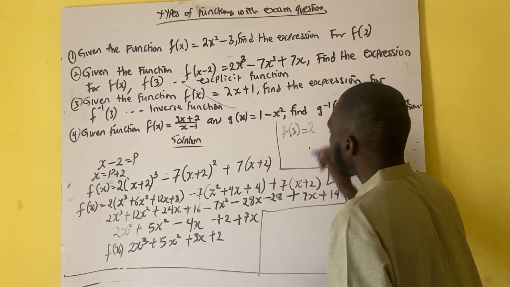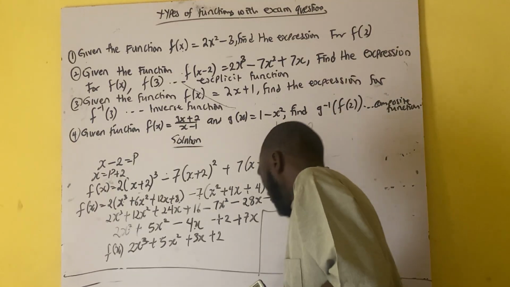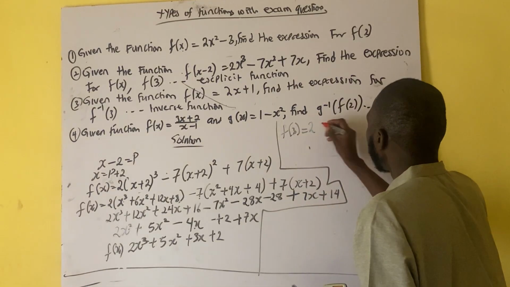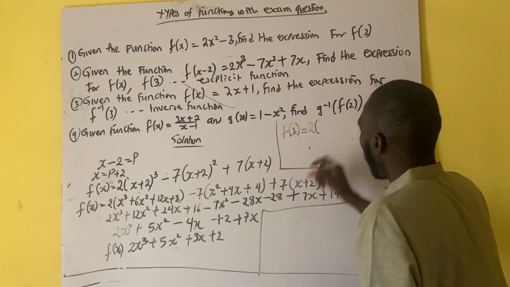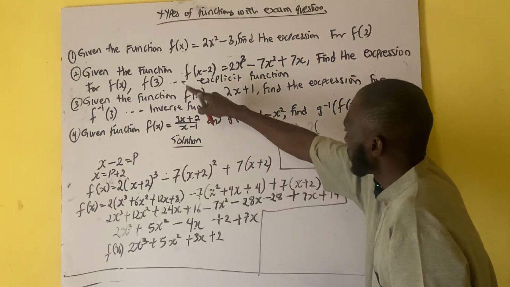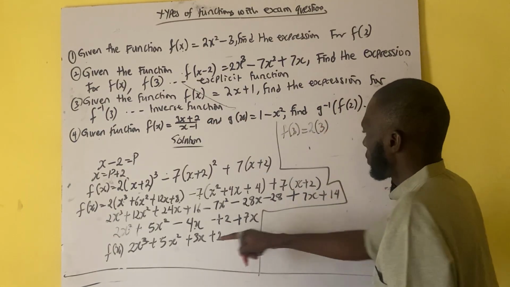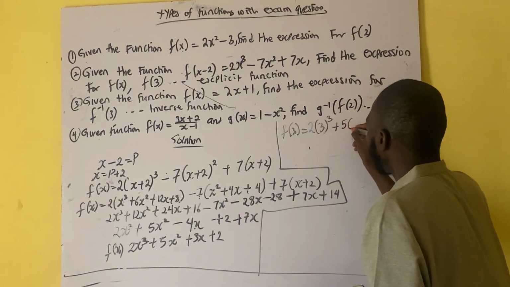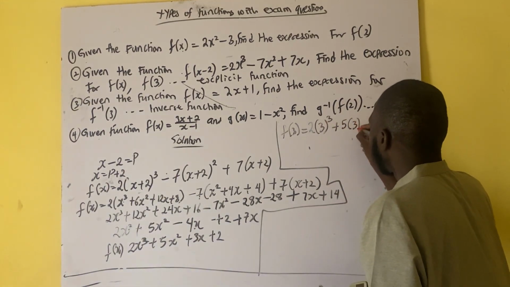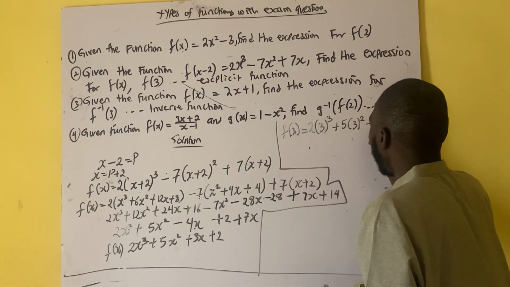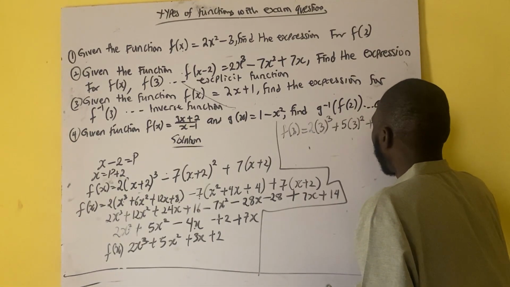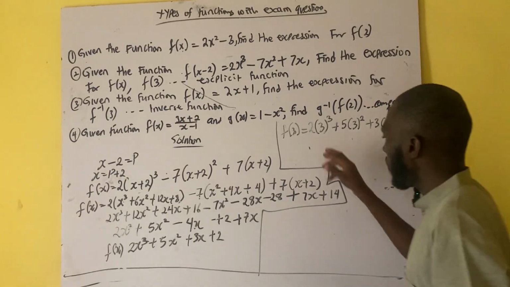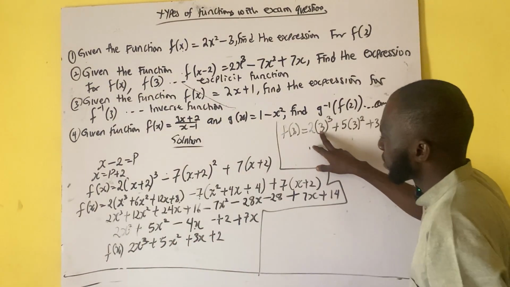So I'll be having 2, then bracket here. I have my x is now what? Is now 3. So it's 3 cubed, plus 5 times 3 square plus 3 times 3, so plus 2. So this is what I have here now. That is, anywhere I see x, I'm going to be having 3 there.